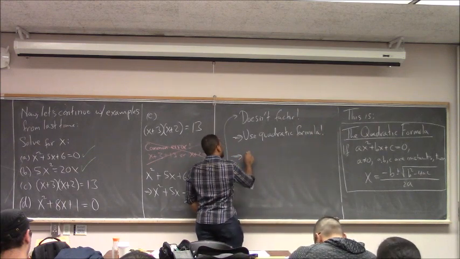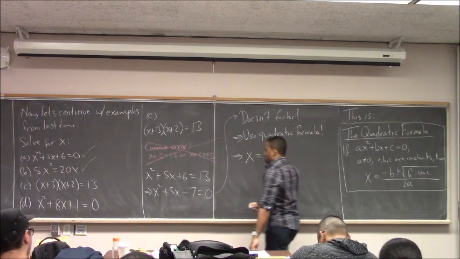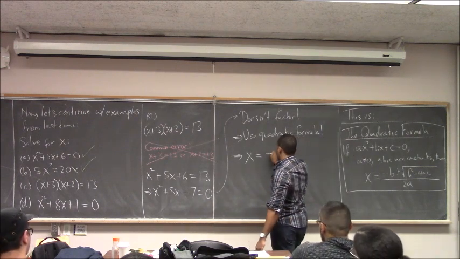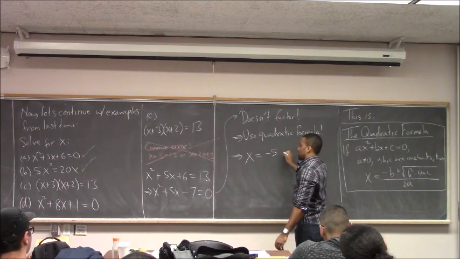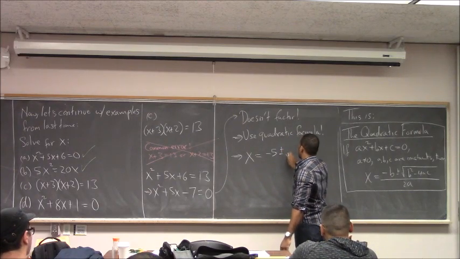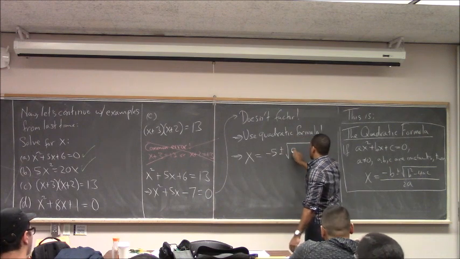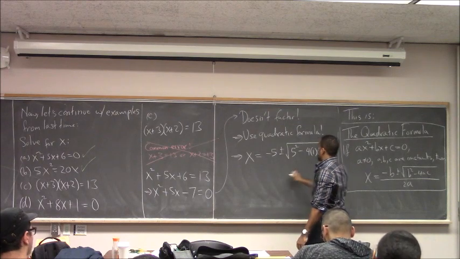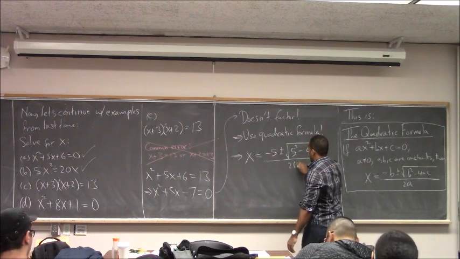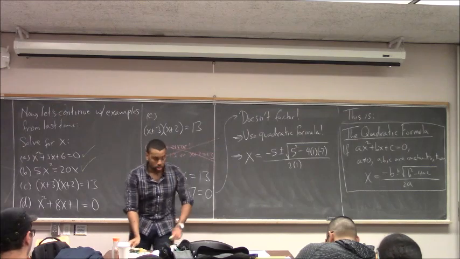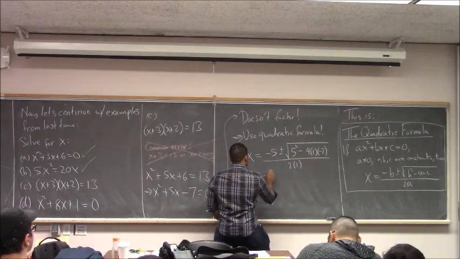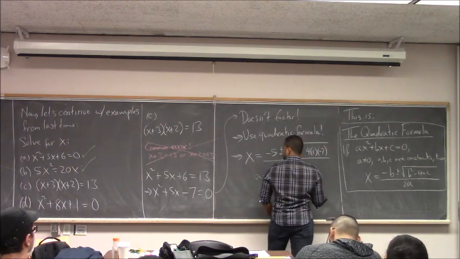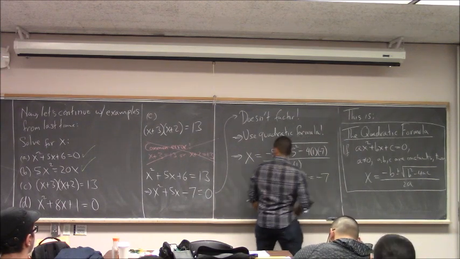So here we would realize that x is equal to, what would the numbers be here? Negative 5, minus 5 plus or minus the radical of 5 squared minus 4. Right, so we apply the quadratic formula using our a equals 1, our b equals 5, and our c equals minus 7.